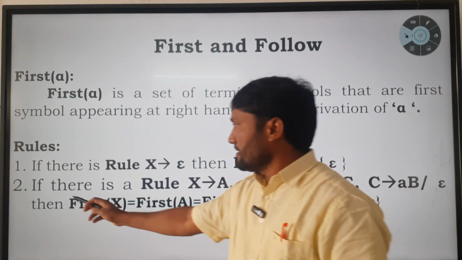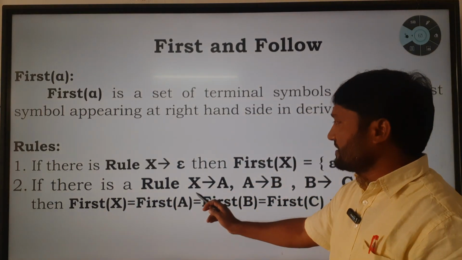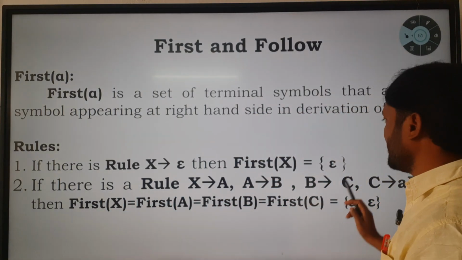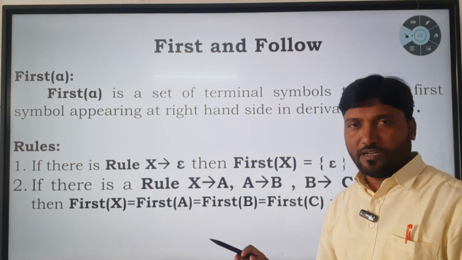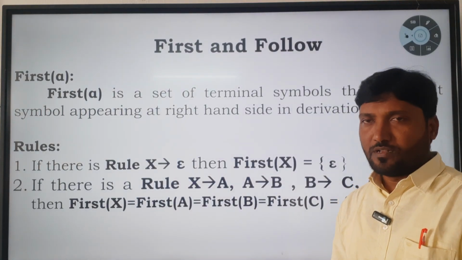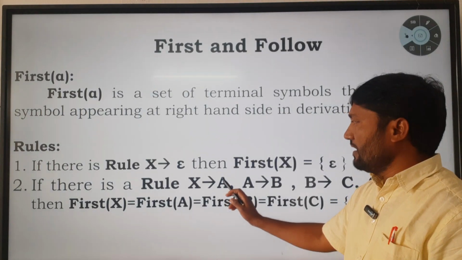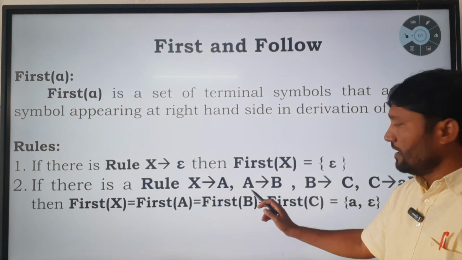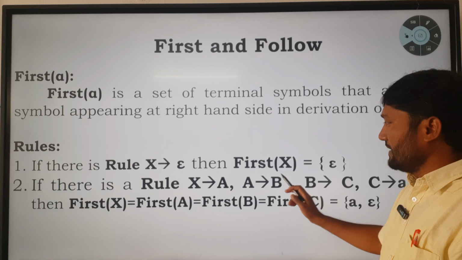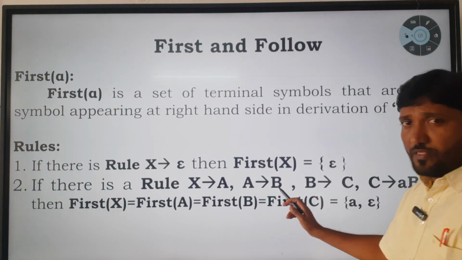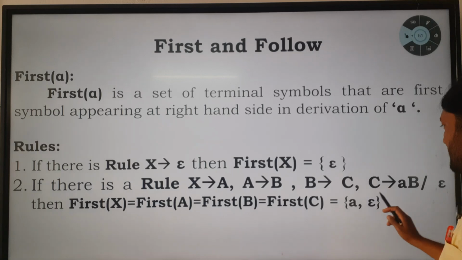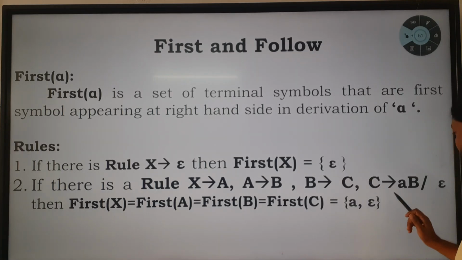The second one is, if there is a rule X derives A, A derives B and B derives C, meaning the right hand side is all non-terminals. If the first symbol is a non-terminal, then go directly to that production, and if there is again a non-terminal in the first place on the right hand side, go to the next production, and here there is a C production, C derives a or b or epsilon.